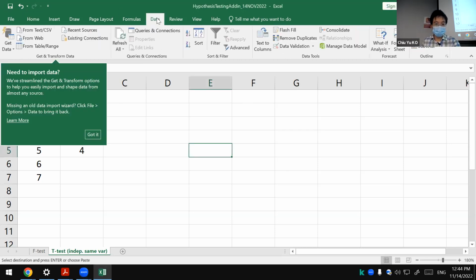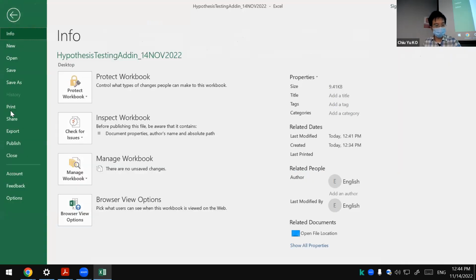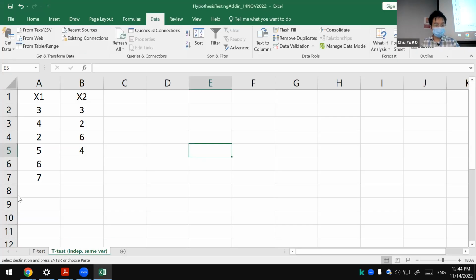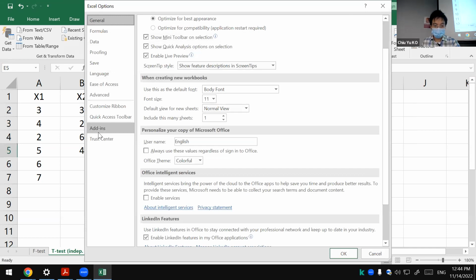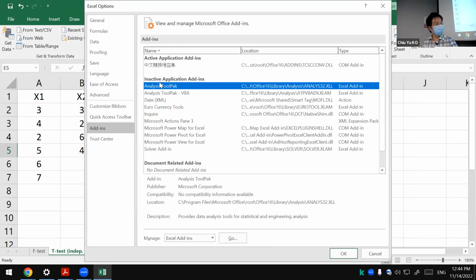So use the data. You can see the analysis tools should be somewhere here in the data tab, but it's not. So what we do is go to File, Options, and then Add-ins. Here you see the Analysis ToolPak is inactive, so we have to activate it.